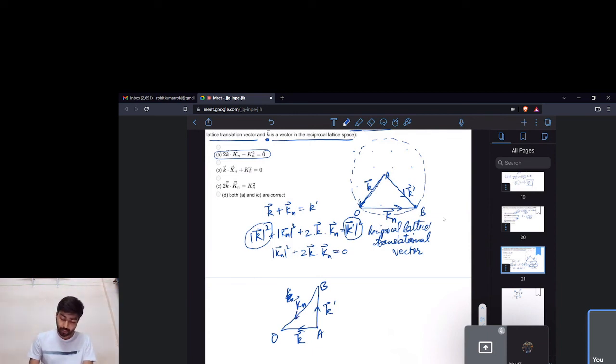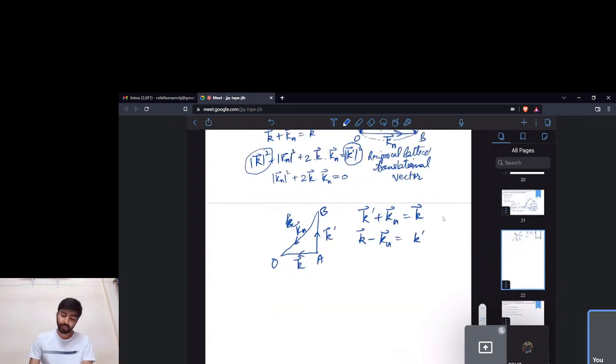In that situation I would have k prime vector plus kn equal to k vector, and a bit of rearrangement would give me k minus kn is equal to k prime.